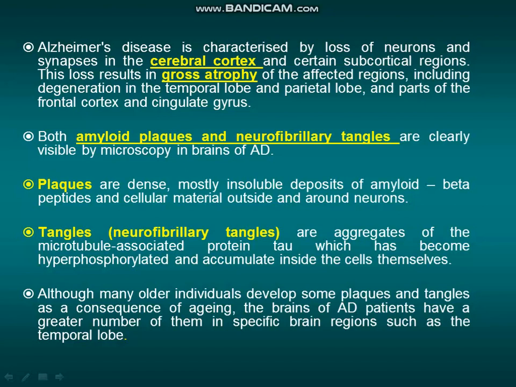Although many older individuals develop some plaques and tangles as a consequence of normal aging, the brain of Alzheimer's disease patients have a greater number of them in specific brain regions such as the temporal lobe. This means both plaques and tangles may occur with normal aging, while in Alzheimer's disease it occurs in much more affection.